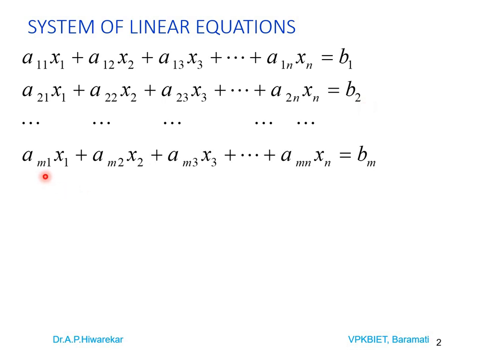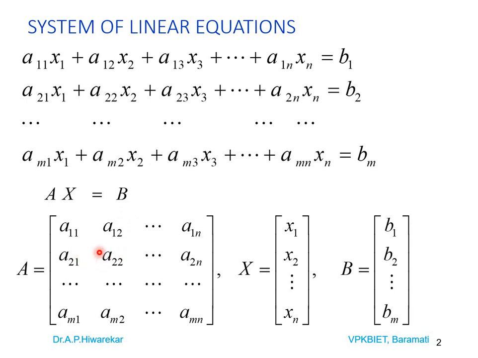In a similar way, am1x1 plus am2x2 and so on up to amnxn is equal to bm. We can write this system in the matrix form as AX is equal to B, where A is called the coefficient matrix, X is called the matrix of unknowns, and B is called the right hand side.